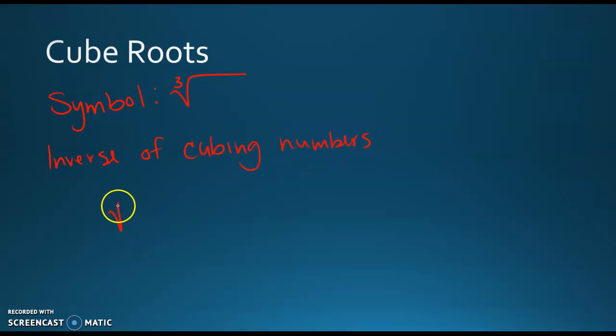So if we do the cube root of 8, we can look at our list from before, and 8 is equal to 2 cubed, and so then that is 2. But if we have the cube root of -125, our answer is going to be negative, and 125 is 5 cubed. And so, again, our sign stays.